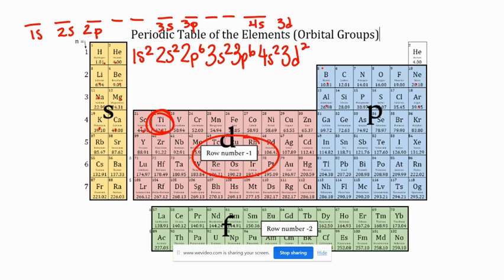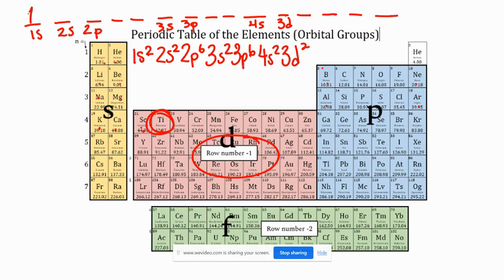How many lines do I need to draw? 5. This is the -2, -1, 0, 1, 2 off of your quantum numbers periodic table. Okay? So now I go back and I do my electrons.